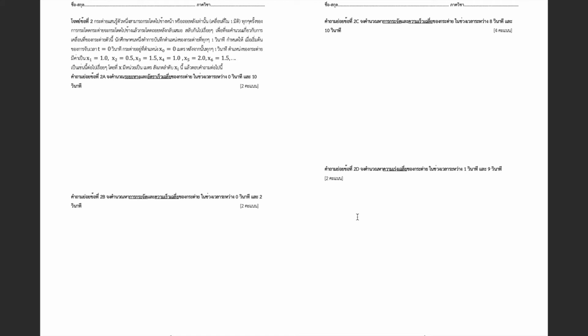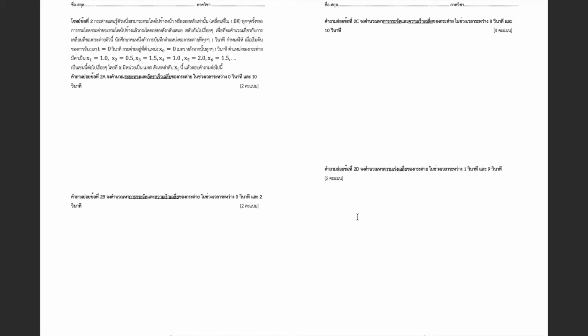So to calculate, we set the condition that at t equal to 0 seconds, the rabbit is at x naught equal to 0 meters, and every 1 second the position of the rabbit will be x1 equal to 1 in units of meters, x2 equal to 0.5, x3 equal to 1.5.